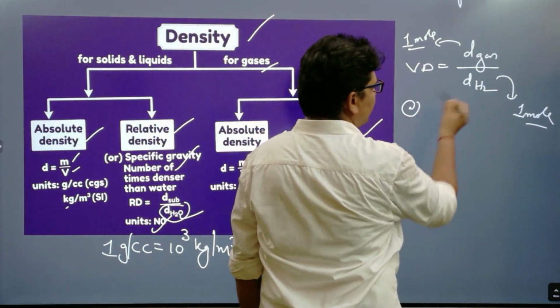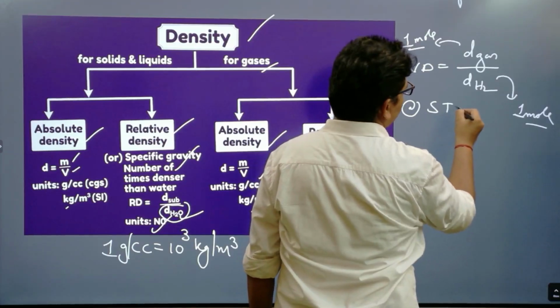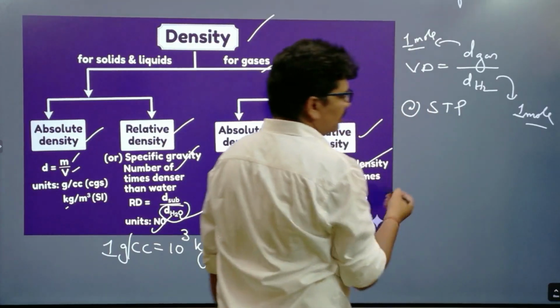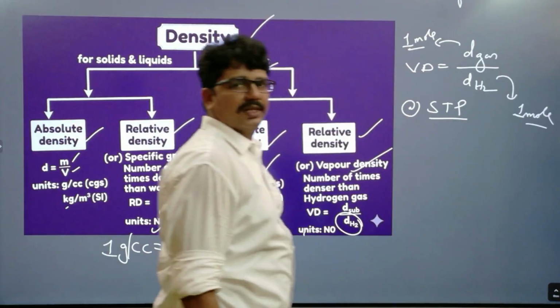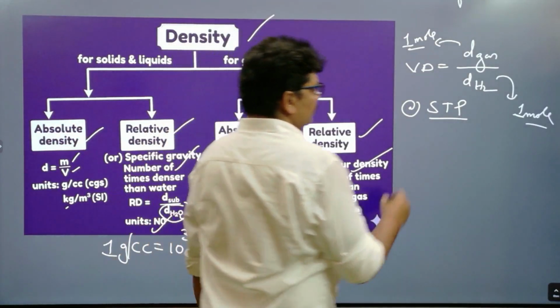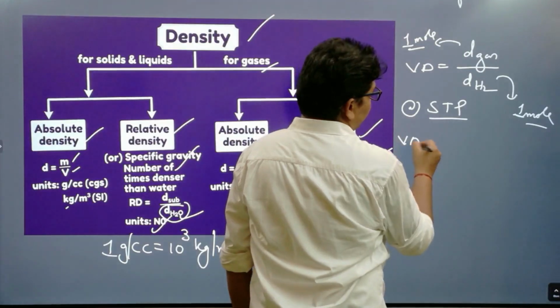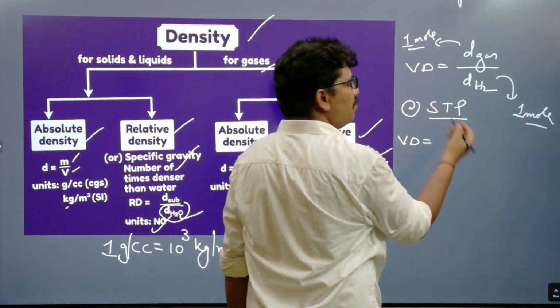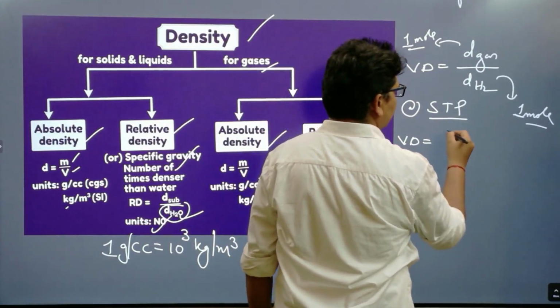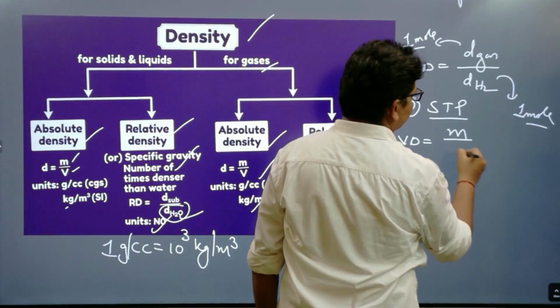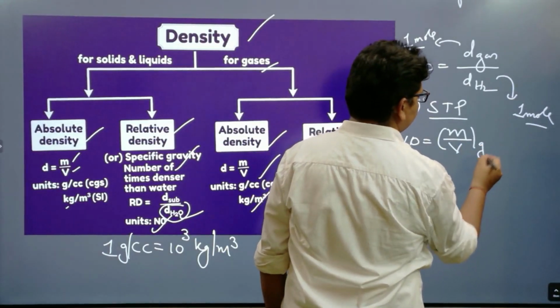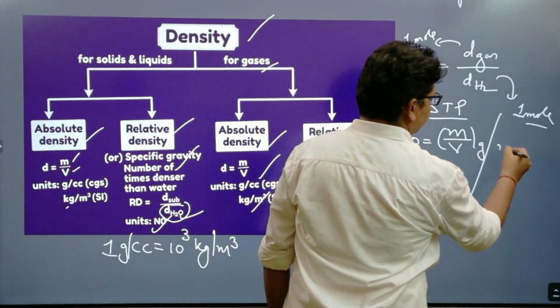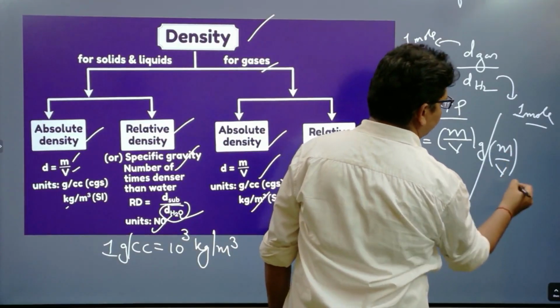Assume we have taken these two gases, the unknown gas and hydrogen gas, at STP. Now, vapor density is equal to the density of gas. I am taking their absolute densities, mass by volume of the given gas divided by mass by volume of hydrogen.